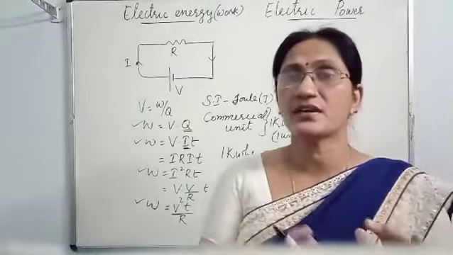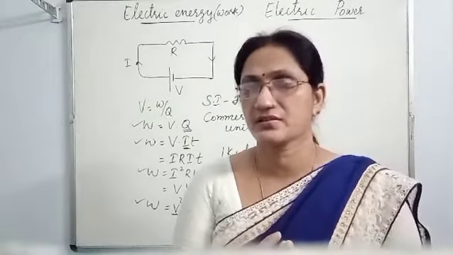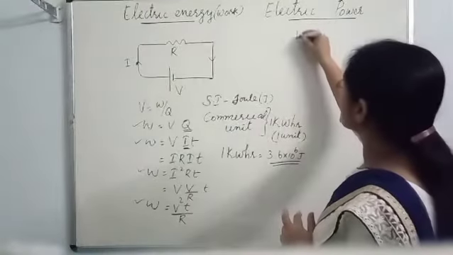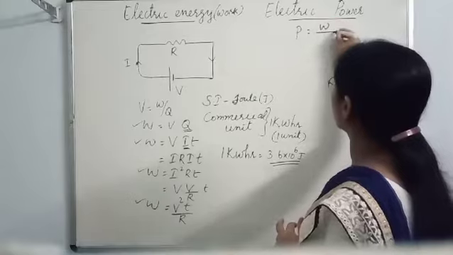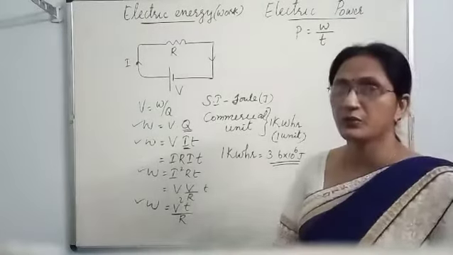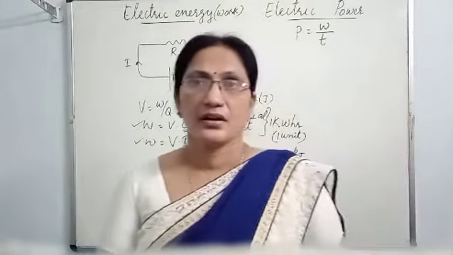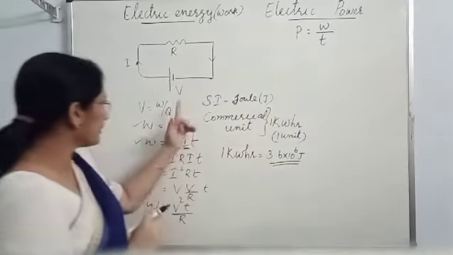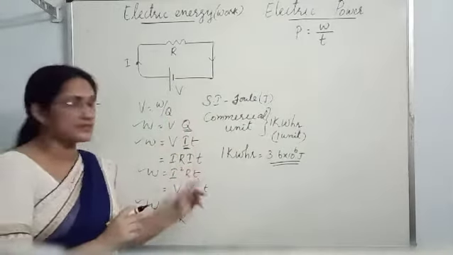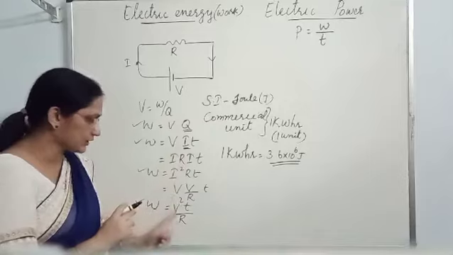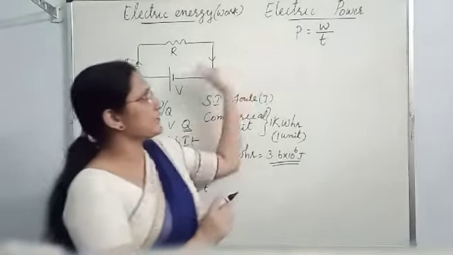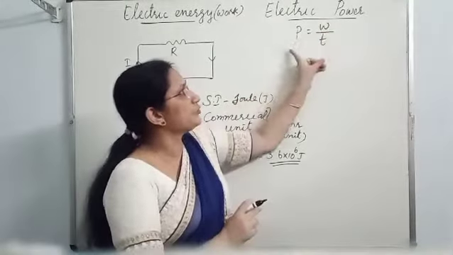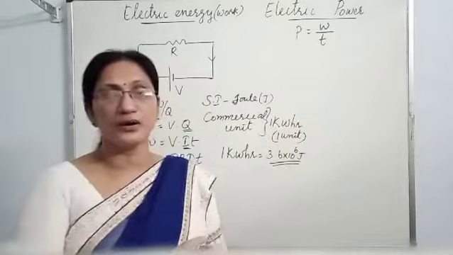Electric power means electric work done per second. So the formula for power is work upon time, W by T. And for work we have already 4 different formula. These are the formula for work.